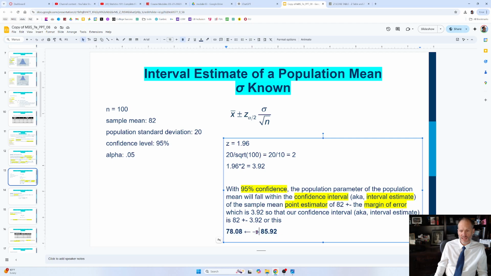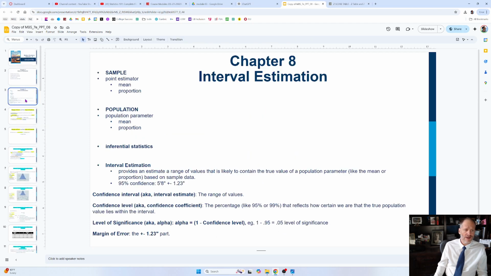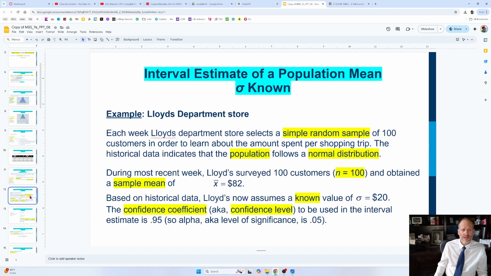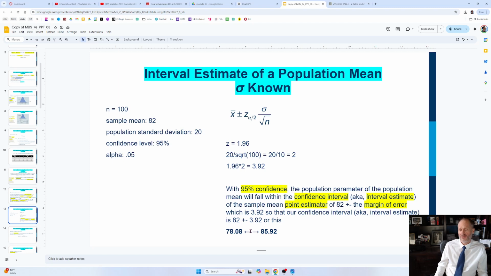So 95% of the time, based upon our sample mean being 82, with 95% confidence, and 95% confidence is our confidence level or confidence coefficient, and our alpha level of significance is 0.05, the population mean will fall within this range based upon our sample.